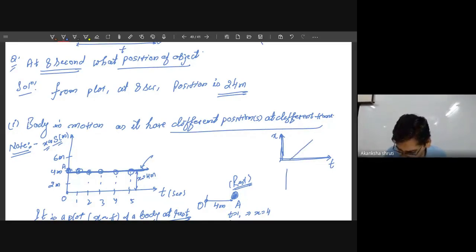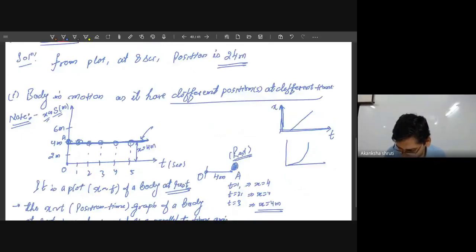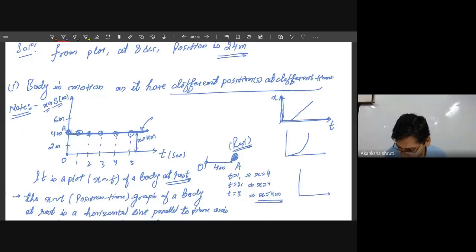So it could be either this one, or maybe like this one, or even like this one. Any of such kinds of curve is possible. So all of these are the graphs for a body in motion.